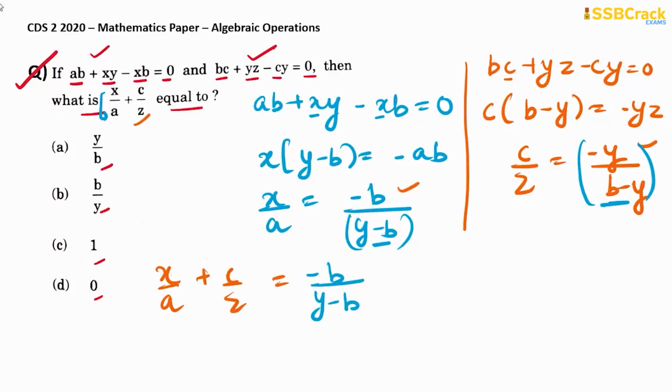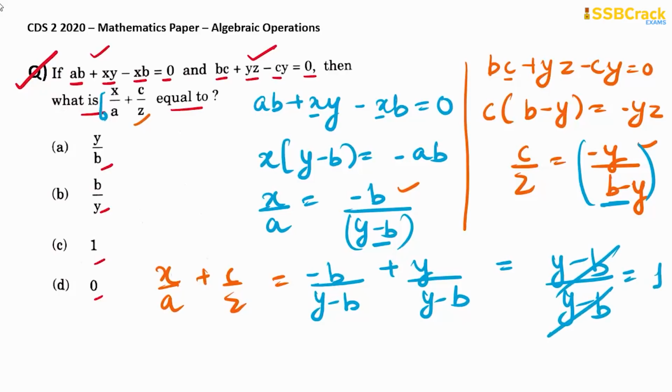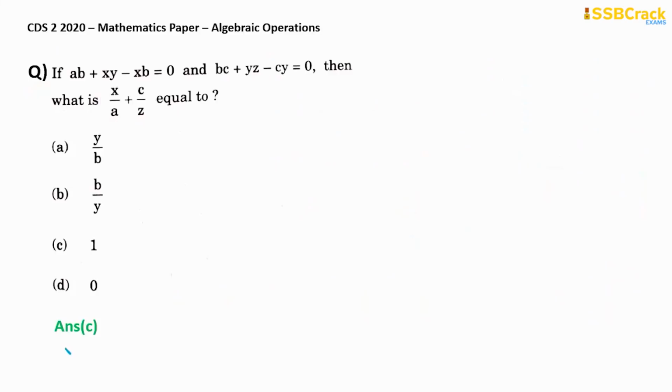So it will become plus Y upon Y minus B, right? So now after adding it will become Y minus B upon Y minus B. So this will cancel out and it will be equal to 1. Hence the answer for this question should be option C. Let's check. So yes, option C is correct only.